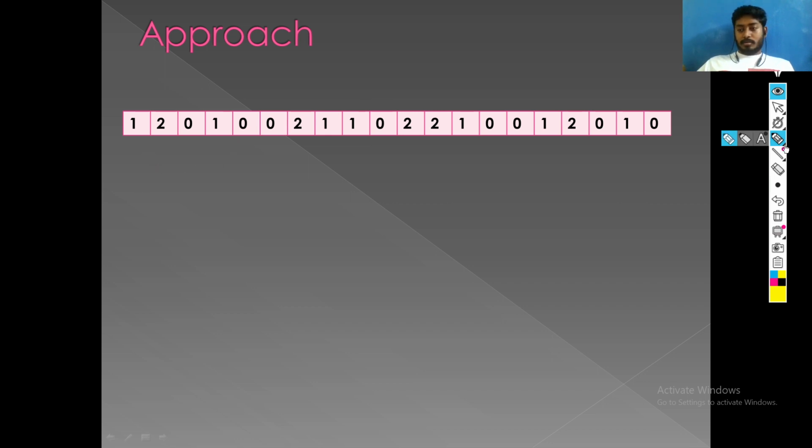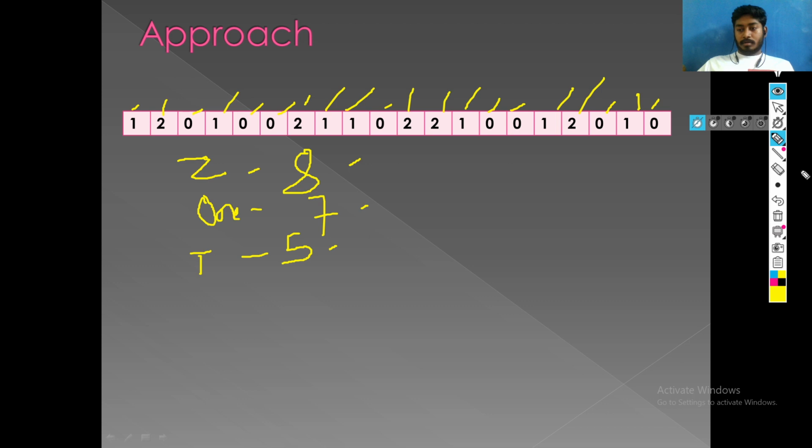And now what we have to do is replace the array with the number of zeros, ones, and twos. Oh sorry for that, I just erased this one. Why we are doing this is we don't need to create a new array, because of space. We can use the same space which is already created.